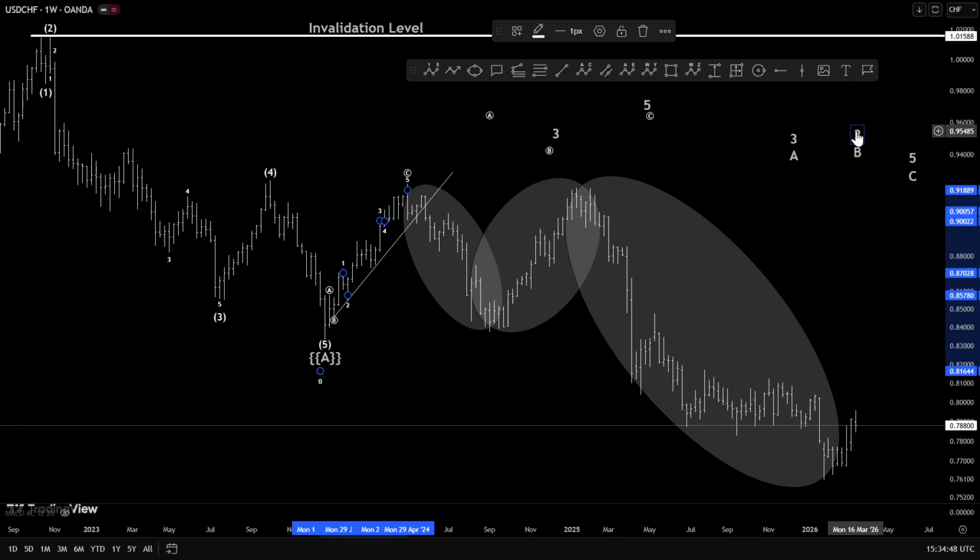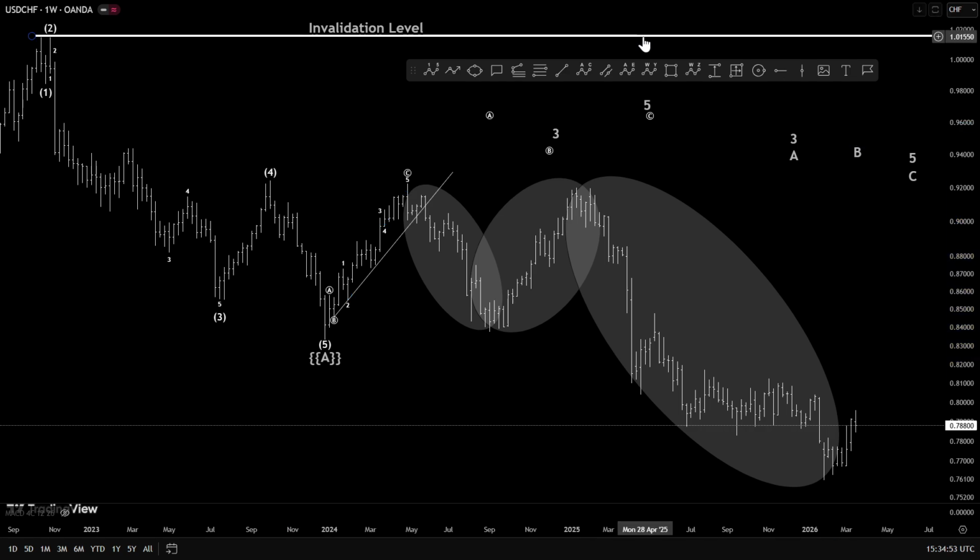I should note this is the weekly time frame, so it might not show as clean as you want it to be, but that is what is in there. Maybe when we are done with the analysis, we can go to a lower time frame like the daily time frame to show you what it looked like. And this is completion of the corrective structure of this wave B three.